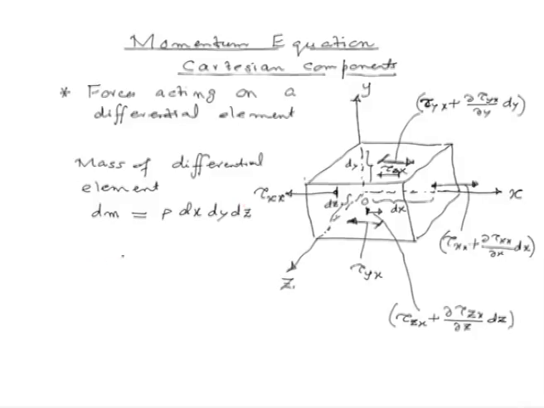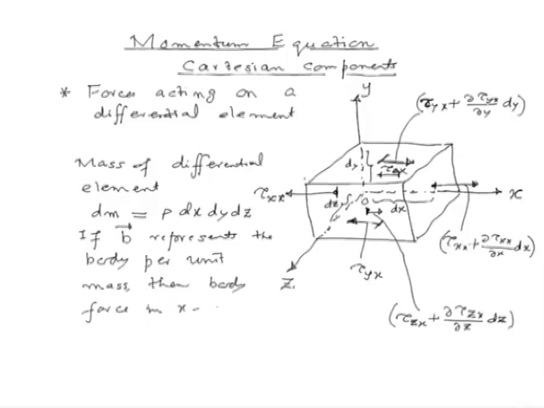If we denote the body force per unit mass by the symbol B, then the body force in x direction, let us call that dfbx, will be simply dm times bx, or rho bx dx dy dz.